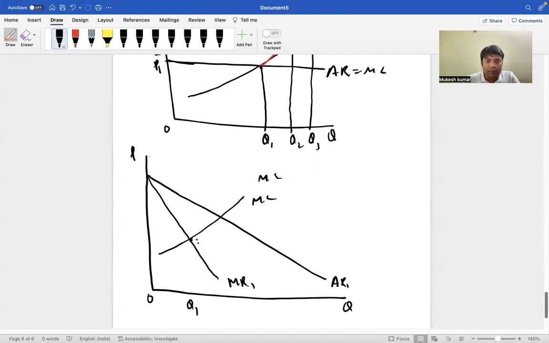So equilibrium point is at E, and the monopolist will charge this price. Price is OP1 per unit and produces this much units of output.